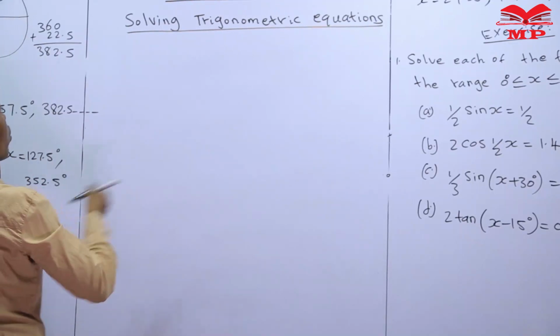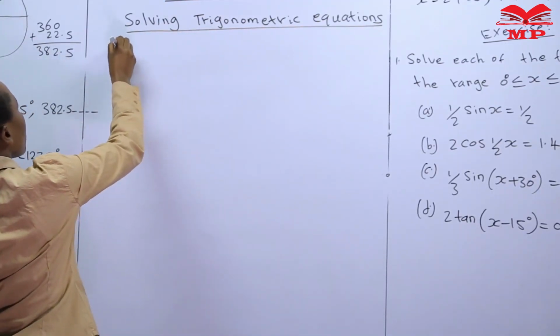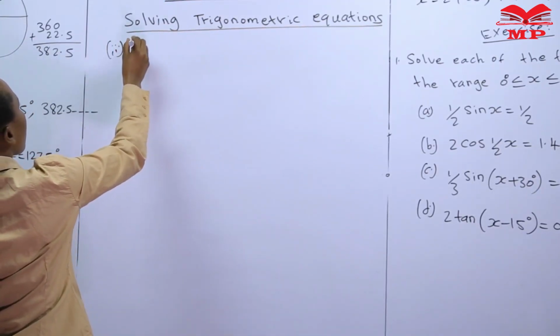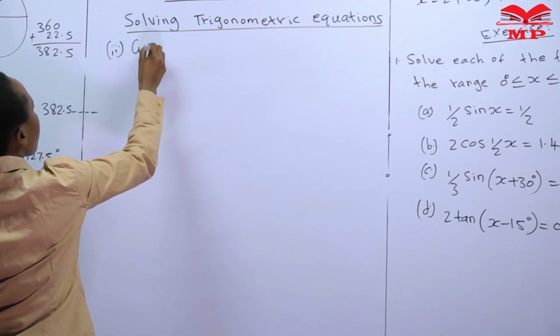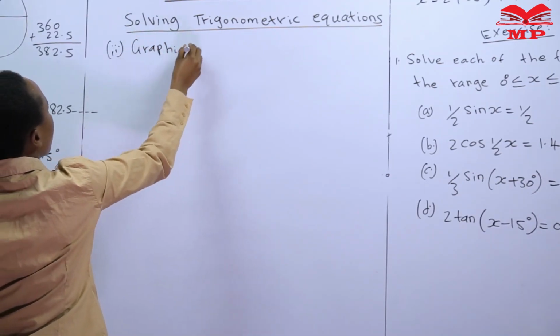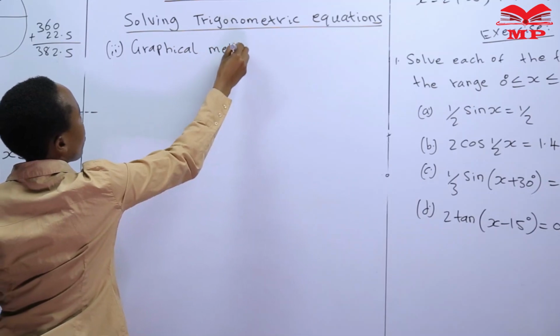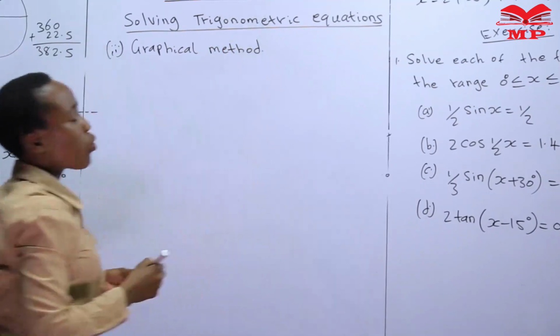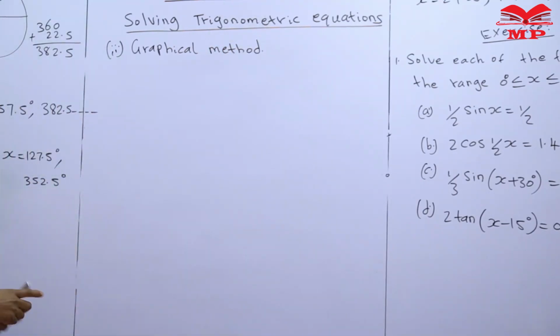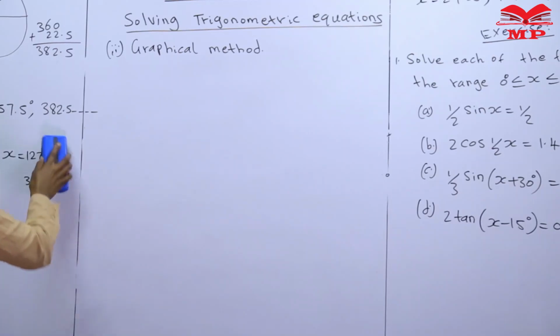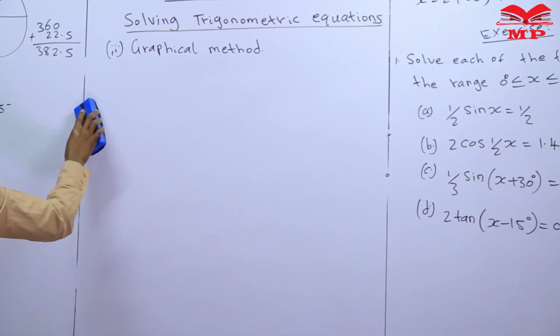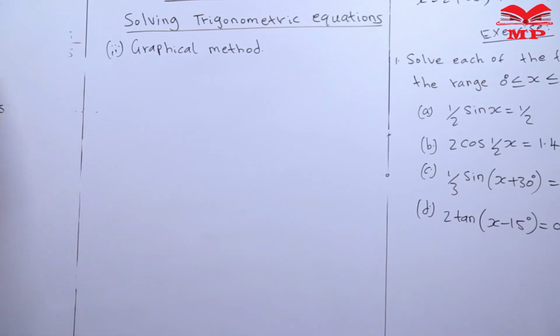The other method, number 2, is the graphical method. In this case we'll do one example which will help you solve trigonometric equations graphically.